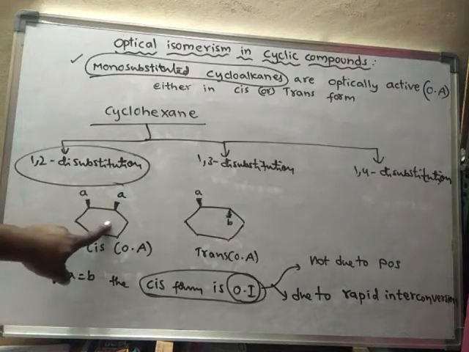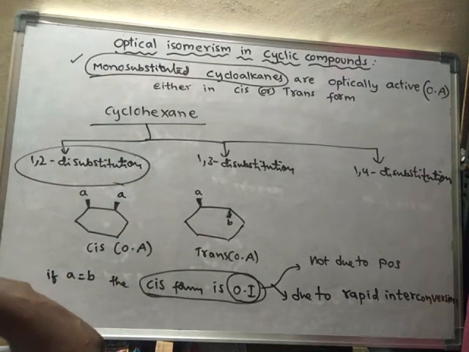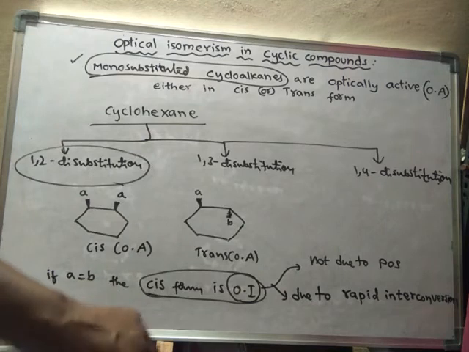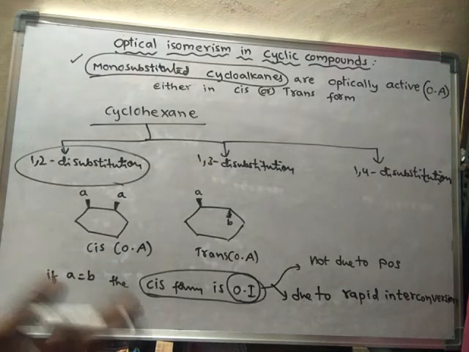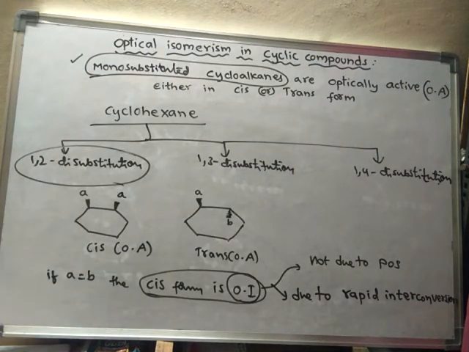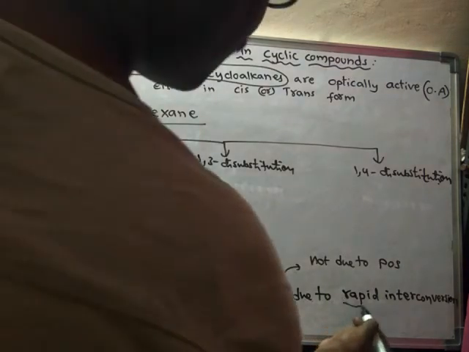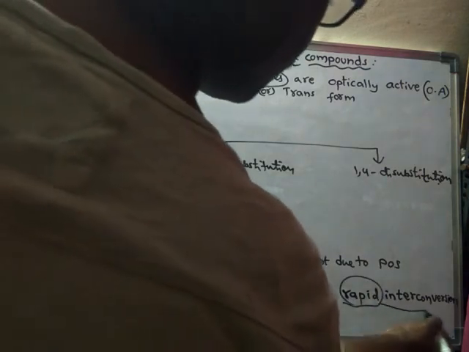This molecule will convert into its mirror image, and that mirror image will again convert into the original molecule. So the conversion of this molecule into its mirror image and back into its original molecule takes place by very rapid interconversion.